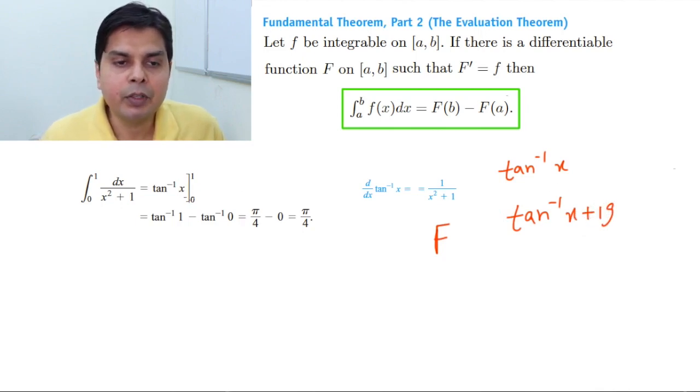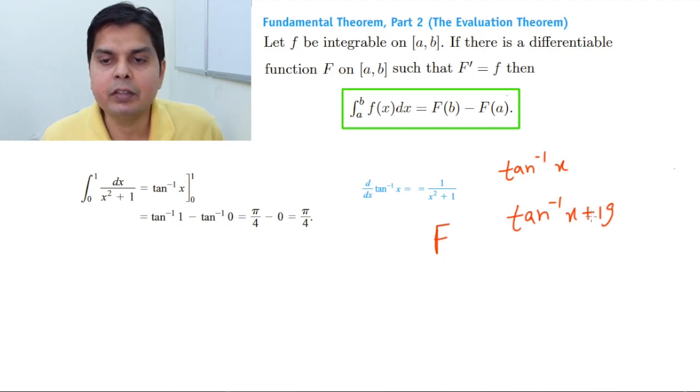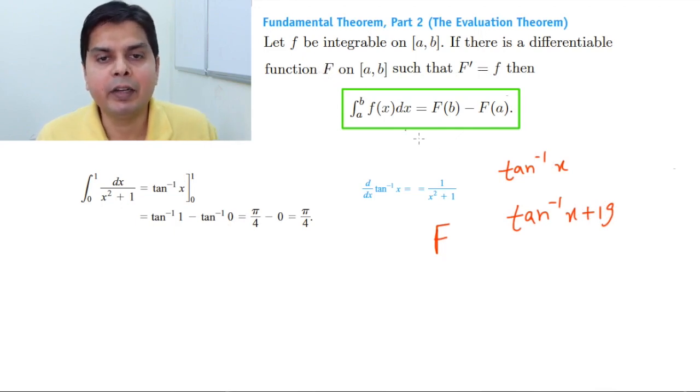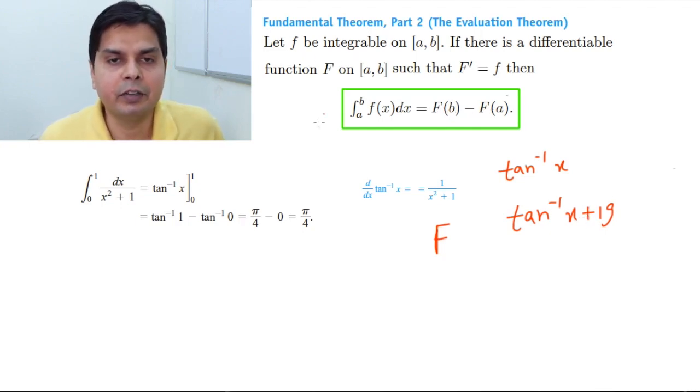Why? Because when you do upper limit minus lower limit, this 19 will cancel out. So F is not unique, but that does not make my life difficult, because ultimately when I subtract F(b) minus F(a), this constant also gets subtracted. So this is the second part of the fundamental theorem.